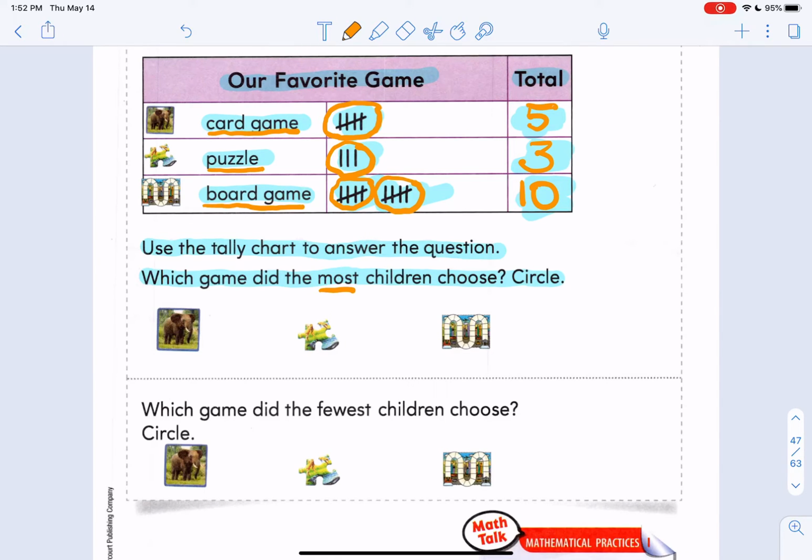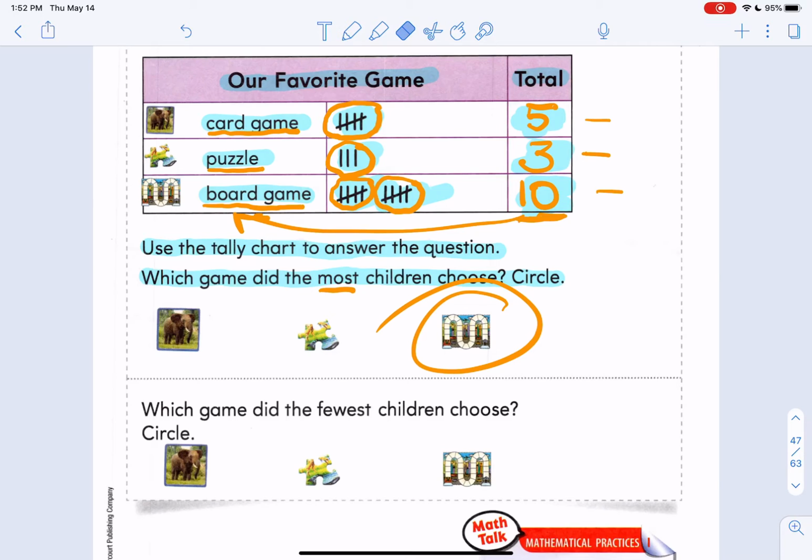That's what most means, or you can think biggest. So we've got our 3 choices. Look at 5, 3, and 10. Well, what's the larger number? That's going to be 10. So what are we going to circle? That goes with board game.